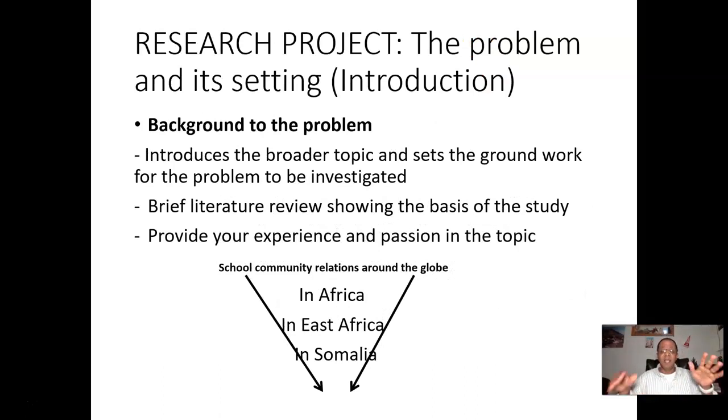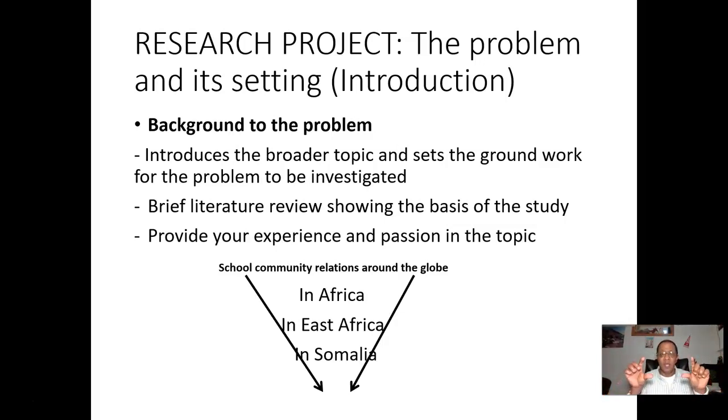This is the introduction to the problem. Based on literature review, you need to introduce to your reader what the problem is all about. In the first part of your project, you reviewed literature in detail. It is done.